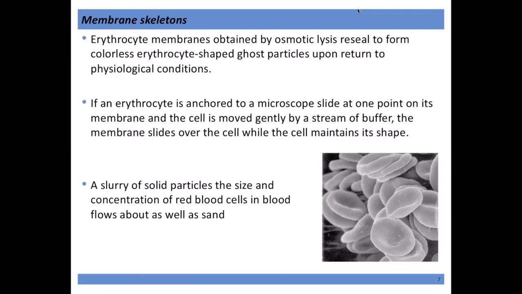And then as you clean that out and get them back to regular physiological conditions, that membrane will actually reseal, and the erythrocytes will take on their original shape, but they tend to be translucent because they no longer have the heme inside of them.